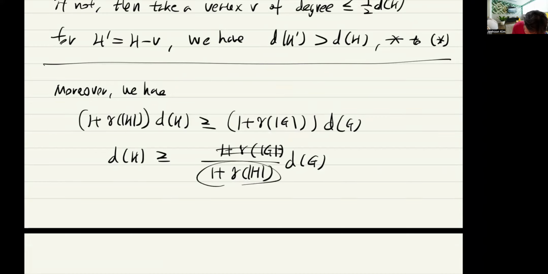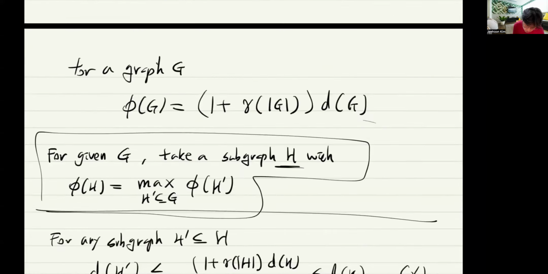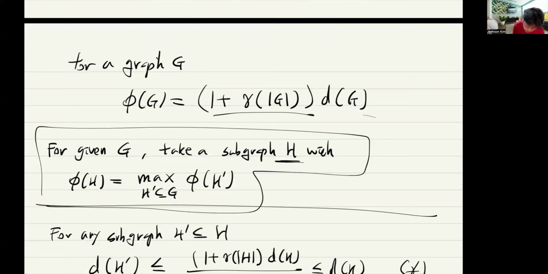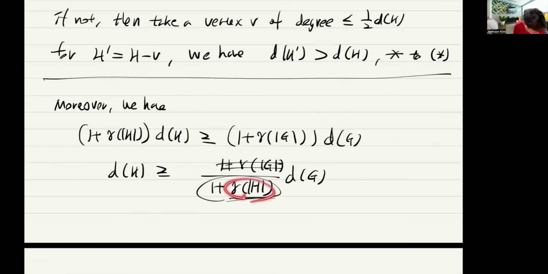We just forget it, and then we just consider this. And then the gamma becomes largest if the inside parameter is as small as possible. So this is 1 over log size, so it's a decreasing function. So when this is smallest, then that's what happens. So this is at least 1 over (1 plus gamma) times d(G).